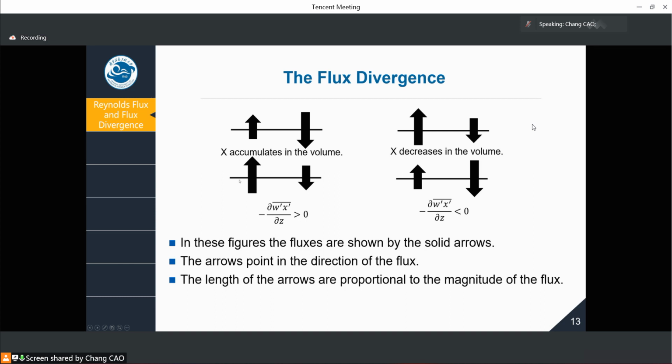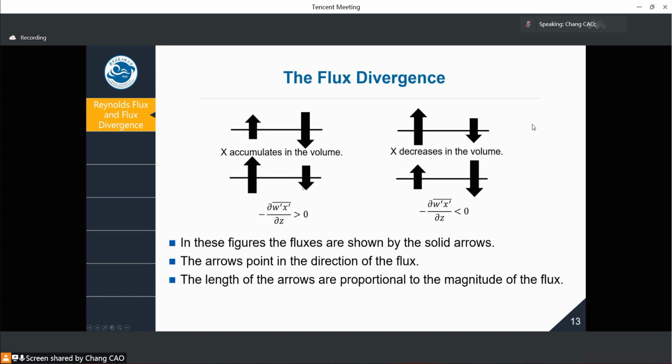So as z becomes higher, the flux becomes smaller. The z derivative of the covariance here should be smaller than 0. But because there is a minus sign here, it becomes positive.